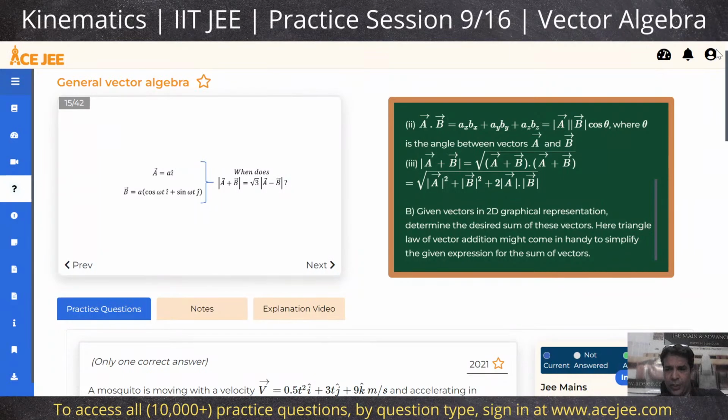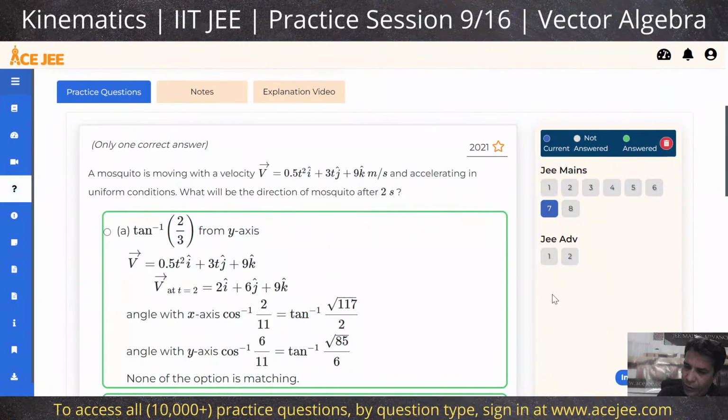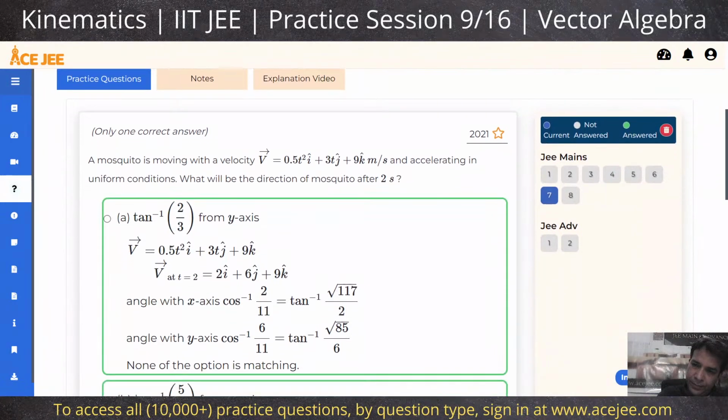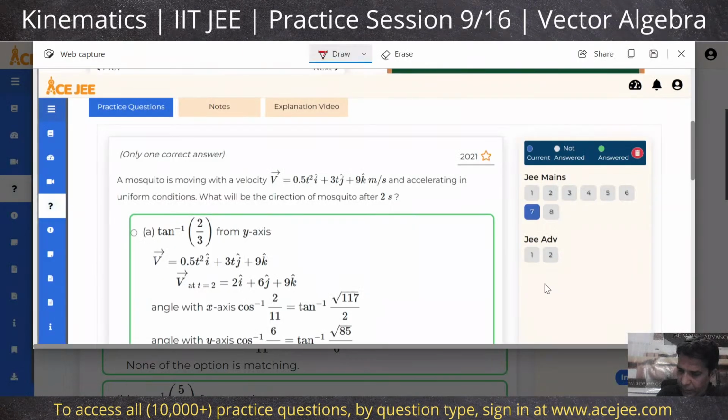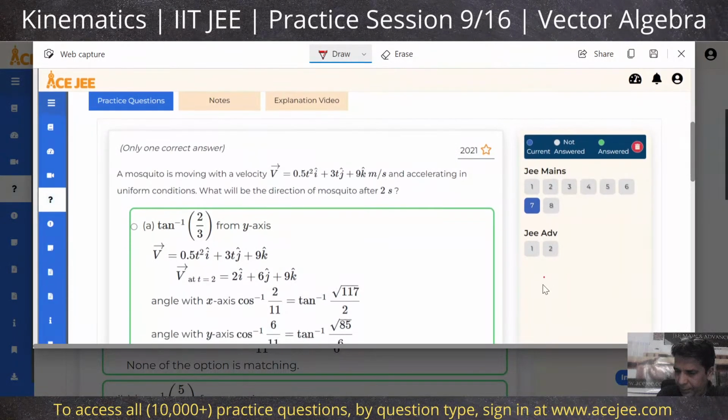The other way, if you want to do it just algebraically, then we know the vector v is 2i plus 6j plus 9k. If you were to do v dot i, what will that give you? That'll give you the magnitude of v and cos of the angle between the two, right?